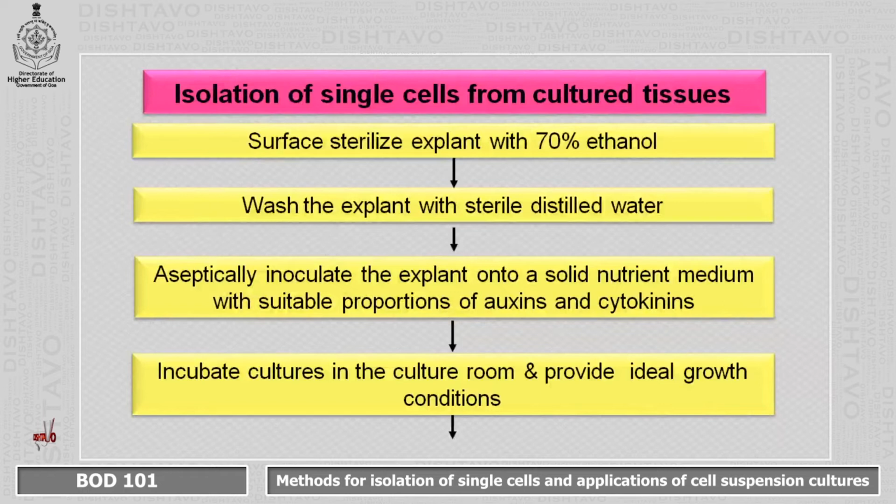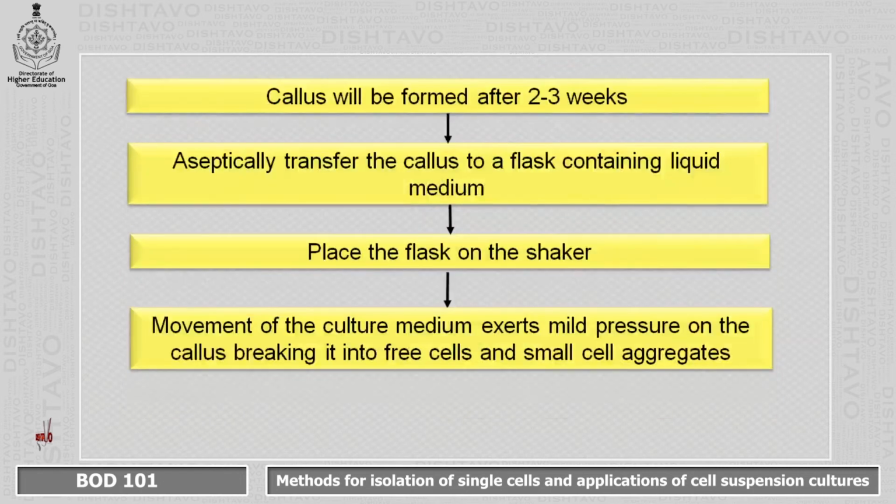Then, aseptically inoculate the explant onto a solid nutrient medium with suitable proportions of auxins and cytokinins. Incubate the cultures in the culture room and provide ideal growth conditions. The callus will be formed after 2 to 3 weeks.